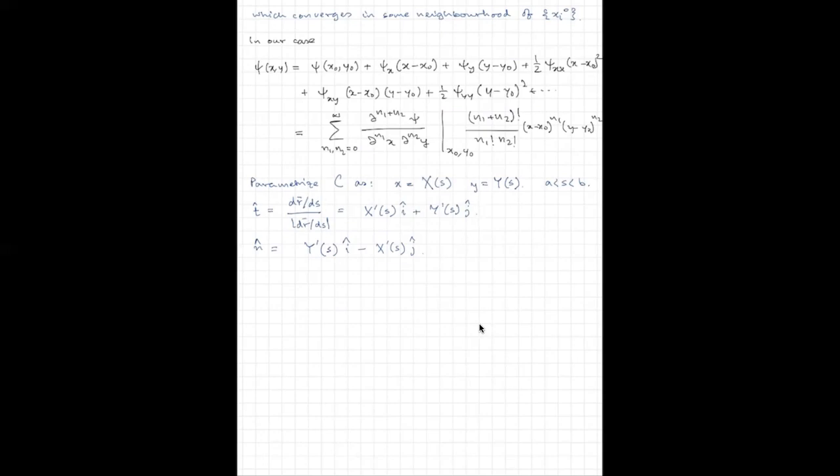The knowledge of psi of s in the vicinity of x naught y naught is now parameterized by s equal to s naught, and this allows us to evaluate psi prime. So psi prime at s naught is, as we have seen, t dot grad psi. This is simply x prime s naught psi x plus y prime s naught psi y.